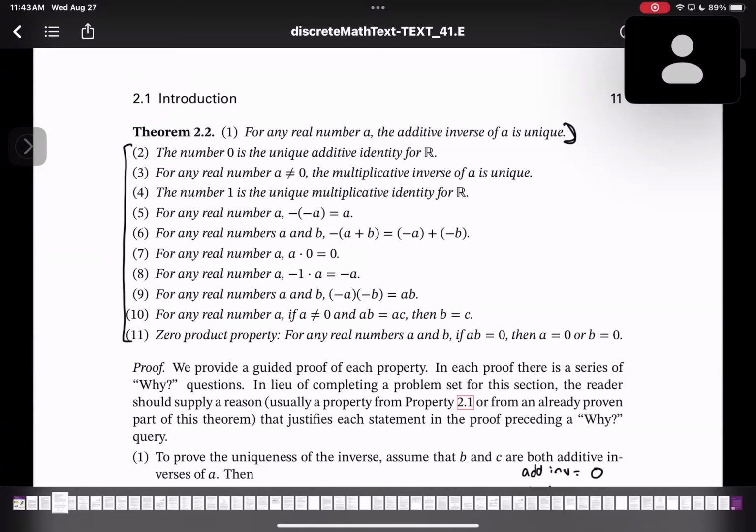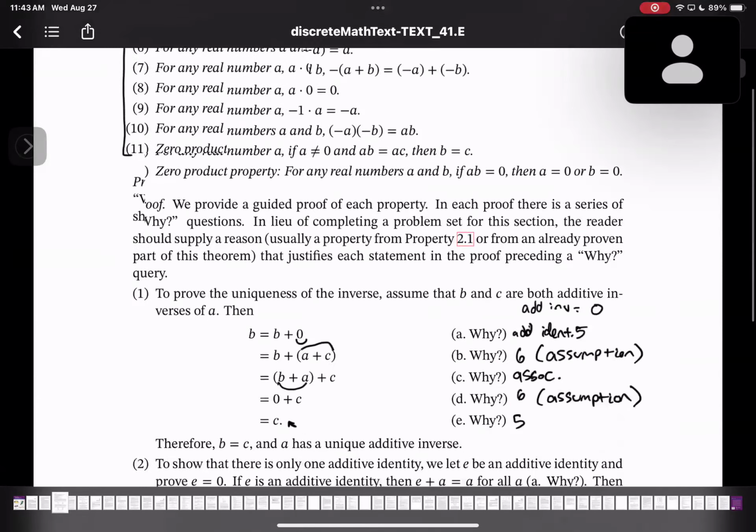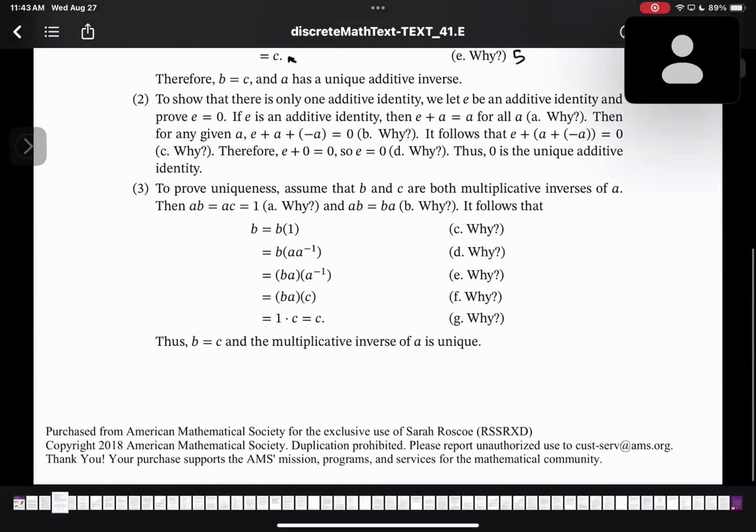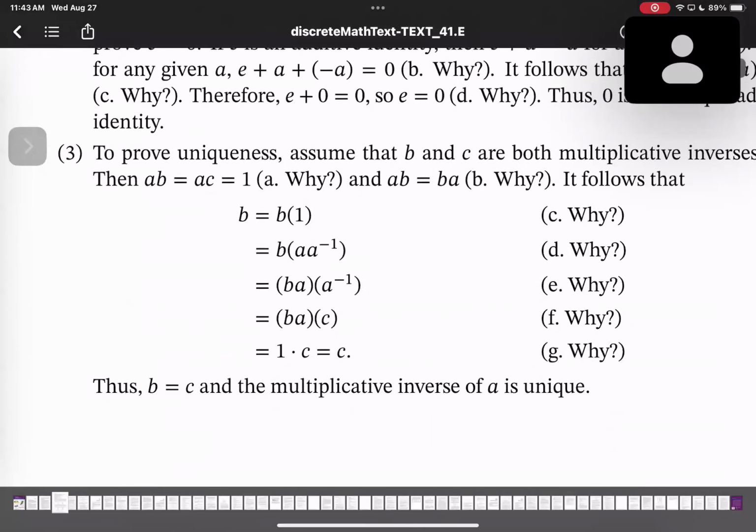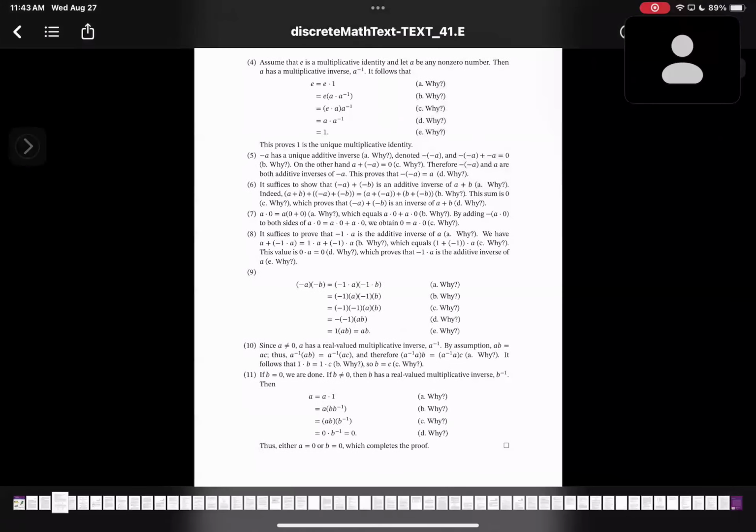That's one of our properties. But what we want to do is assume that there's something else that behaves the way that 1 does for multiplication. And so if we assume that's the case, then we need to explore the ramifications of that.